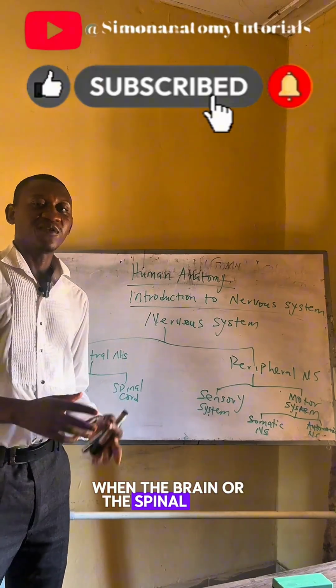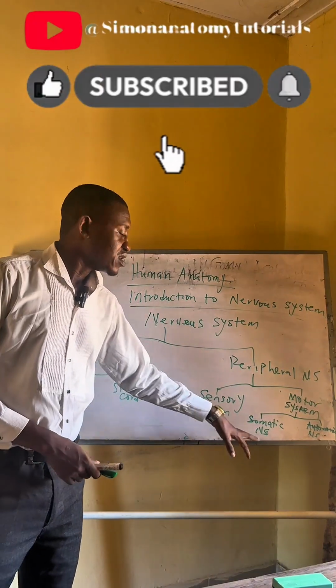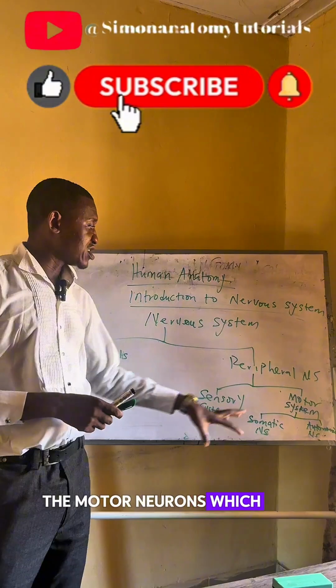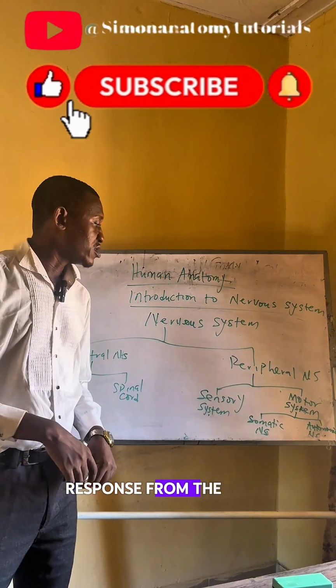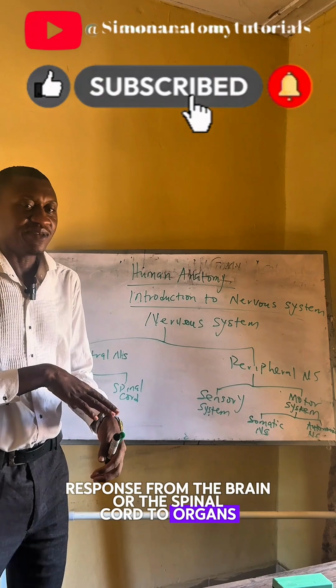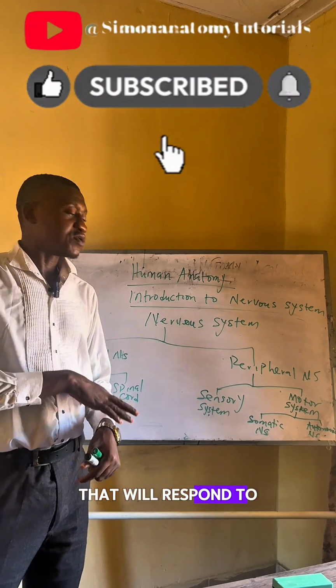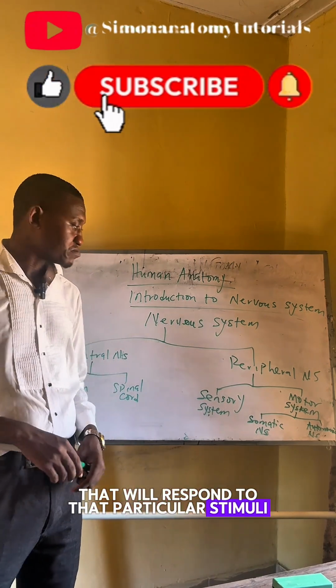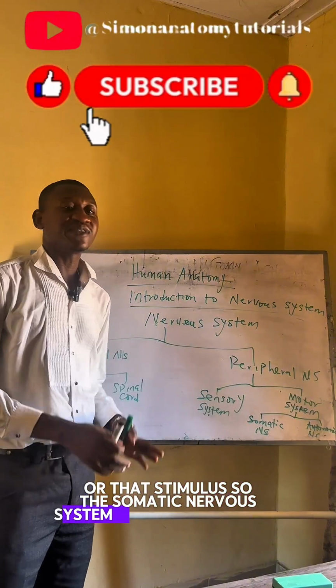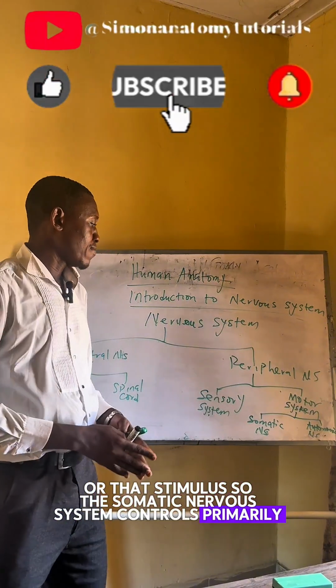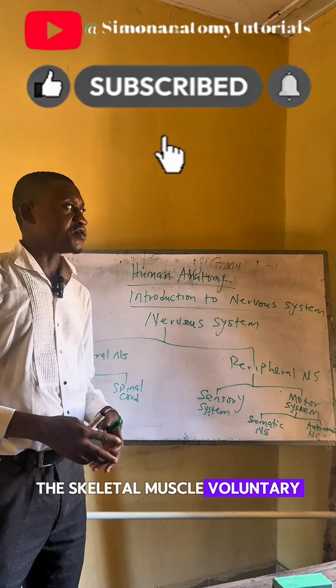When the brain or the spinal cord has processed that information, the motor neurons of the motor system carry the response from the brain or the spinal cord to organs that will respond to that particular stimulus. So the somatic nervous system controls primarily the skeletal muscle, voluntary movement.